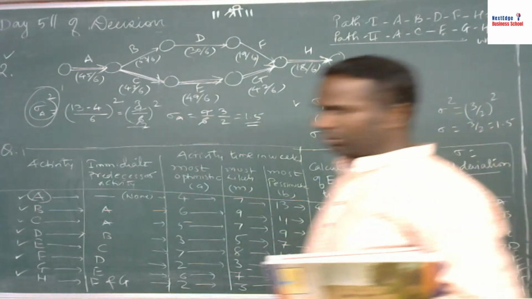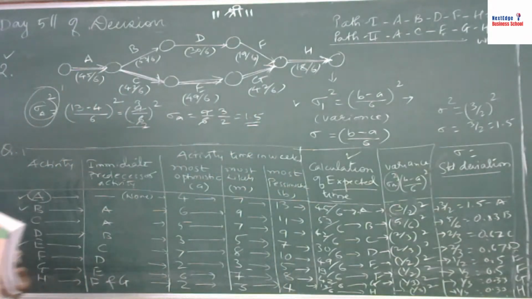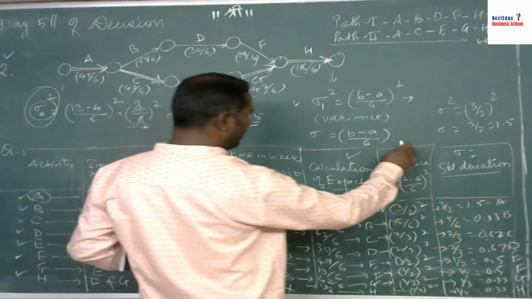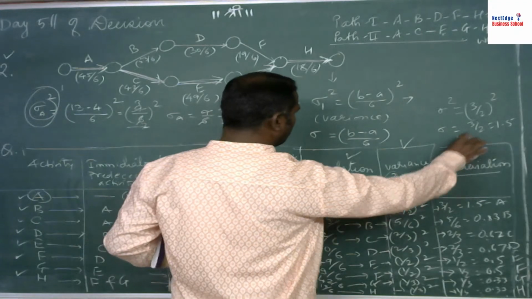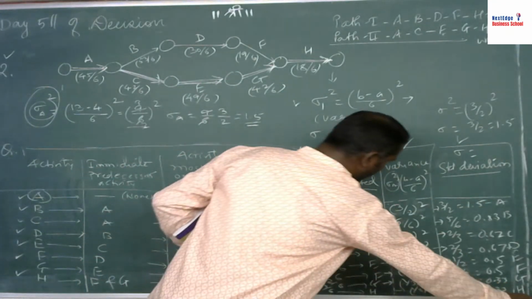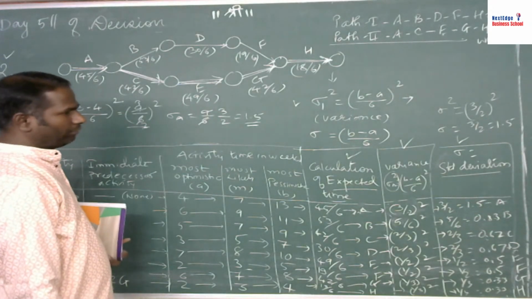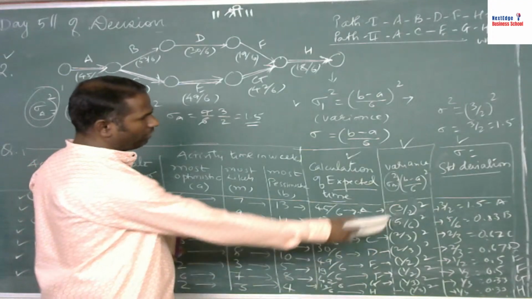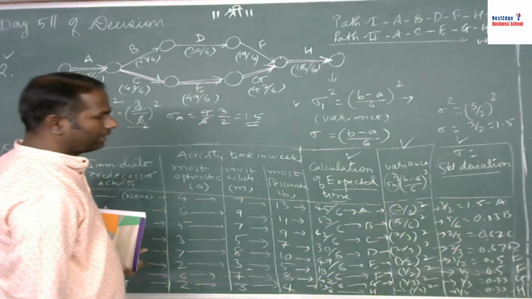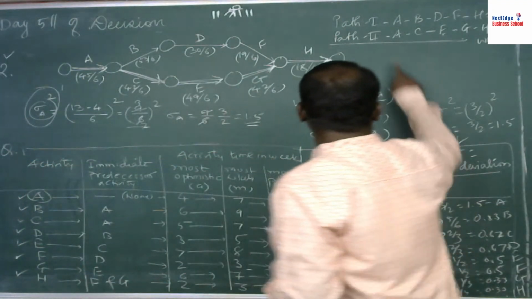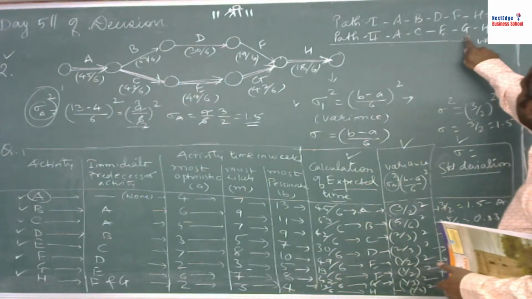So they can ask you variance, or they may ask you the standard deviation. Sometimes they will ask you to calculate the standard deviation for critical path. So what you have to do, you have to sum all the values which you got from here, right. हमारा क्रिटिकल पाथ कहाँ पे आया है? It's A, C, E, G, H.